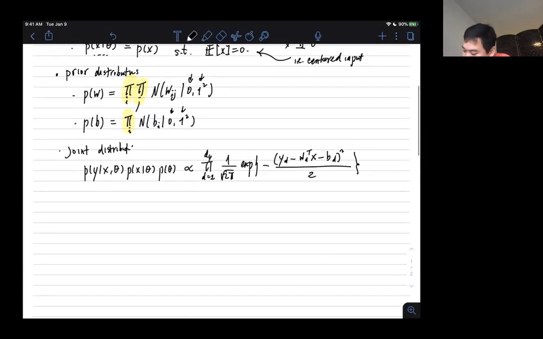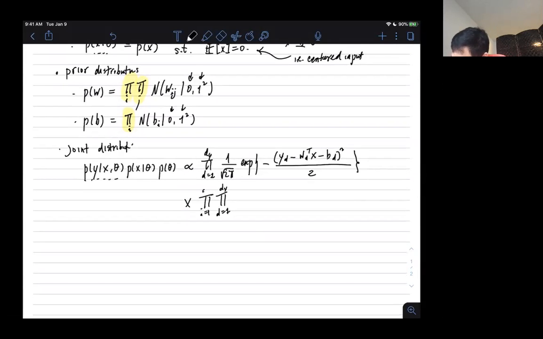And then now there was the first term, and the second term is going to be a product, now going from i equals 1 to dx, and d from 1 to dy.